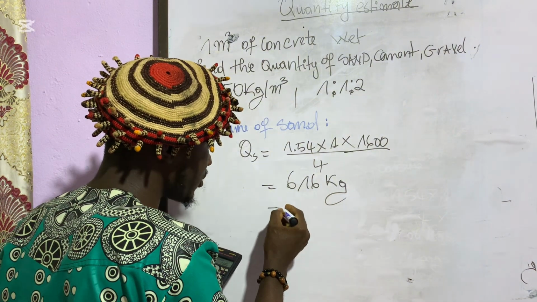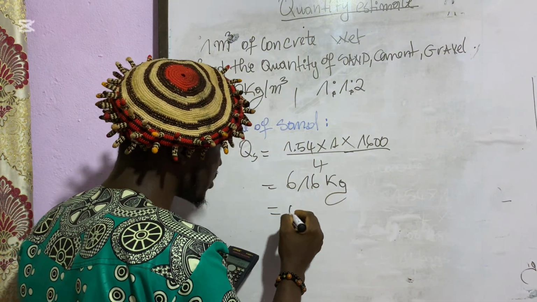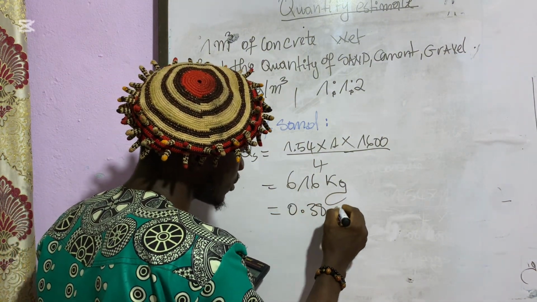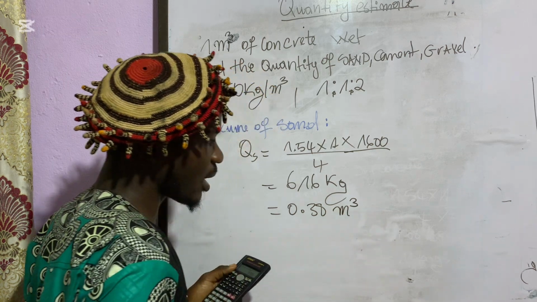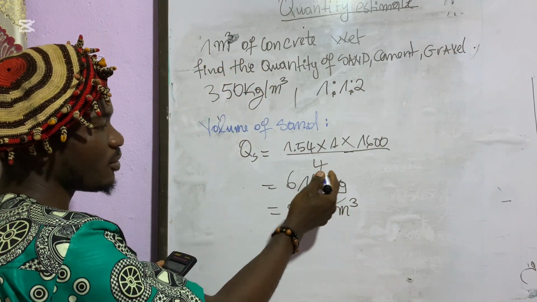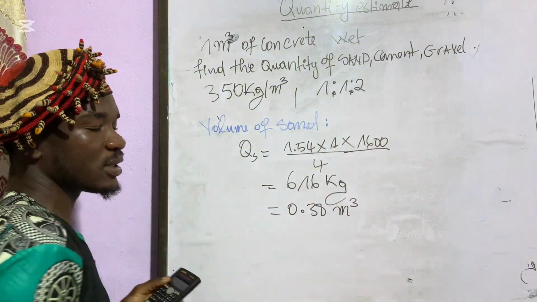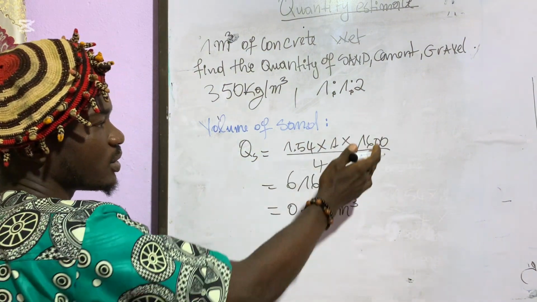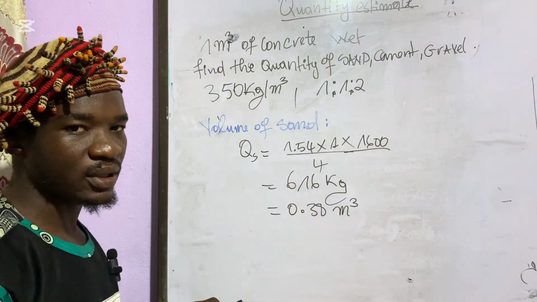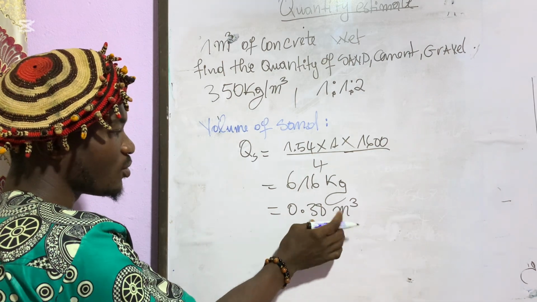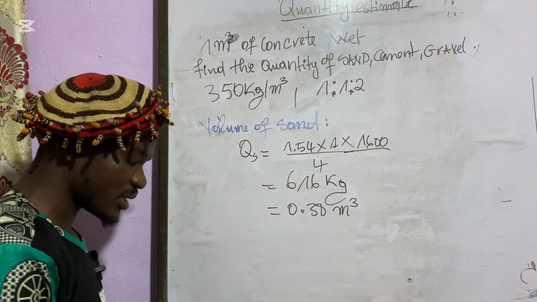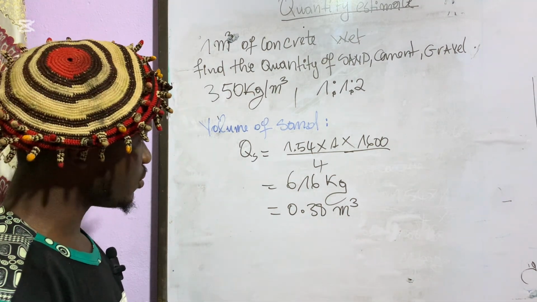Let me just write also the value in meter cube, which is equal to 0.38 meter cube. So either you use the value in kilogram, but to have the value in kilogram, remember you need the density of sand, which is 1600 kilogram per meter cube, or you use the quantity in volume depending on your estimate, how you are going to use your estimate.